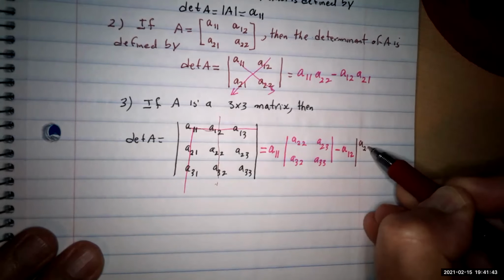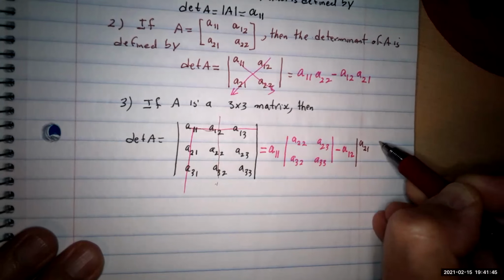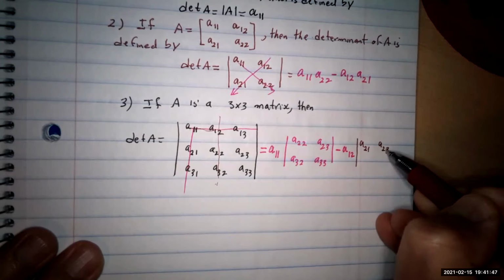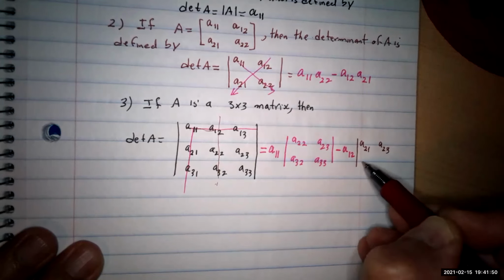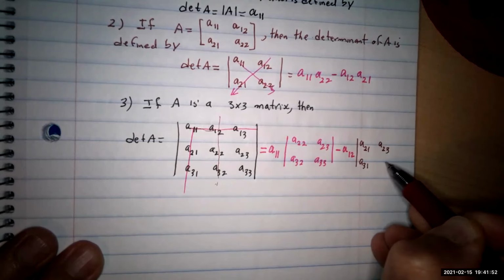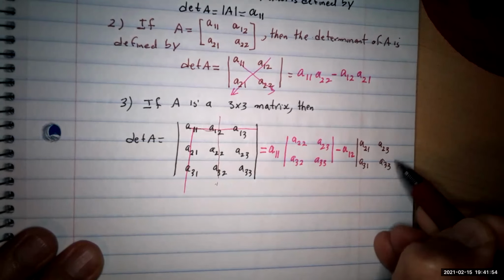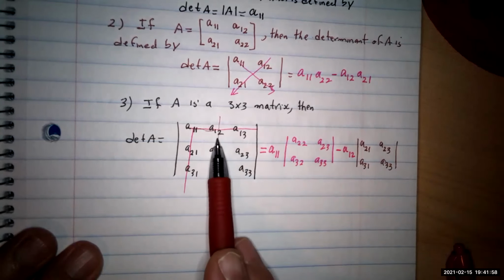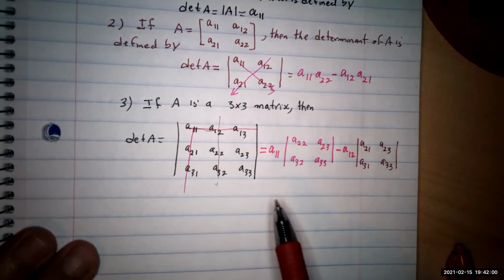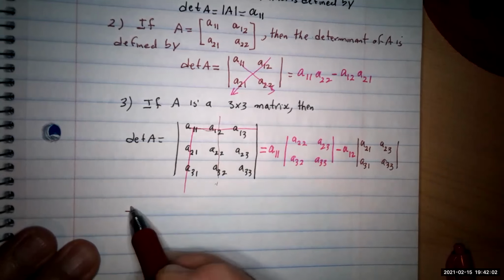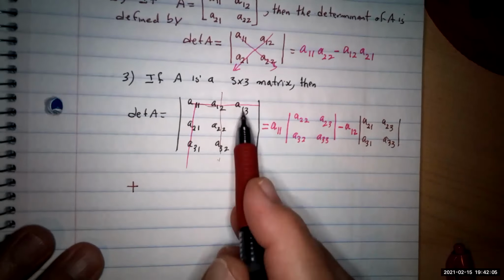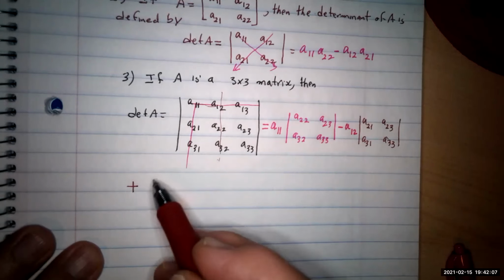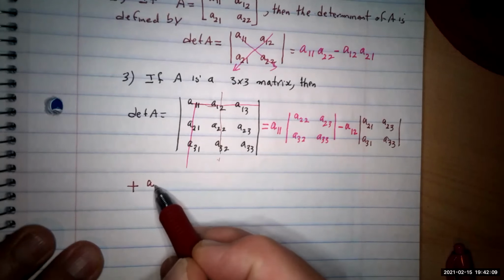It's going to be A21, A23, A31, and A33. Okay, so we go to the second term, A12, and we continue. Now it's going to be plus the third term, A13.